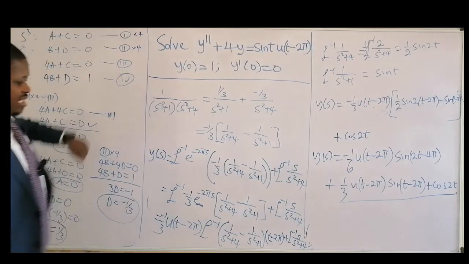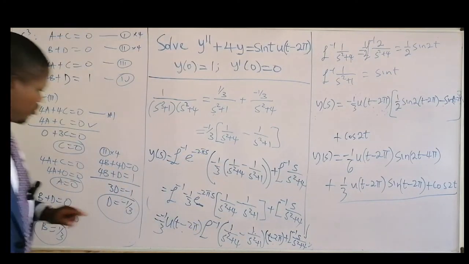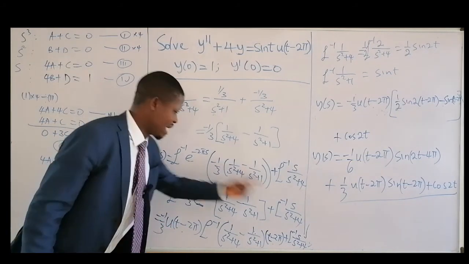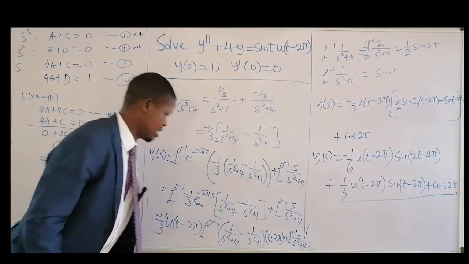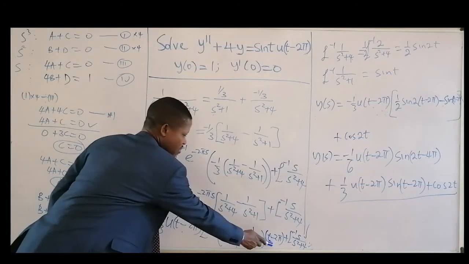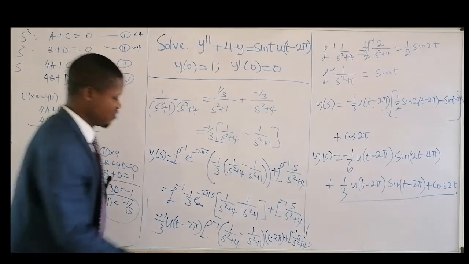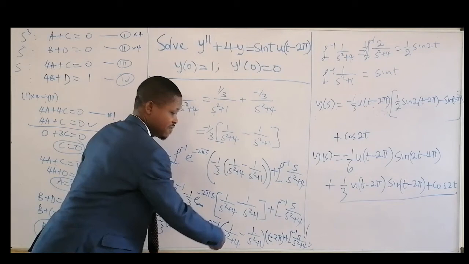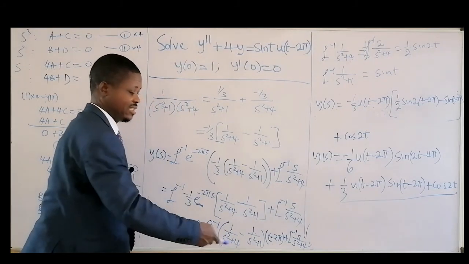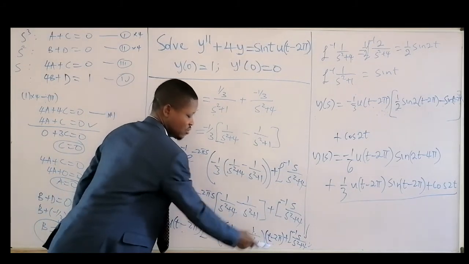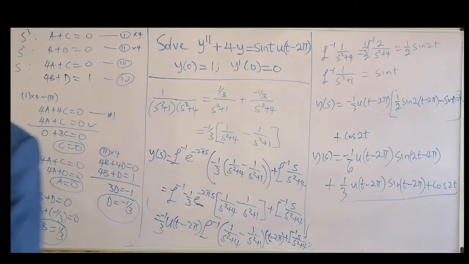And once you have this, you must have it back in the time domain. So anything you have in the inverse that contains s, you have to replace that with t. So that's that on that question.